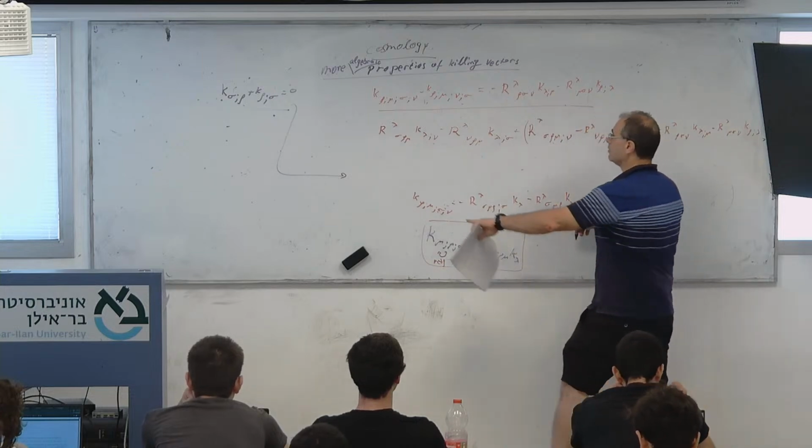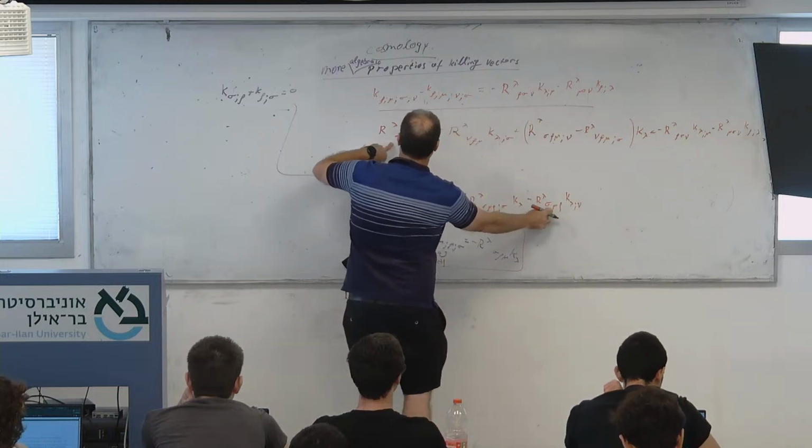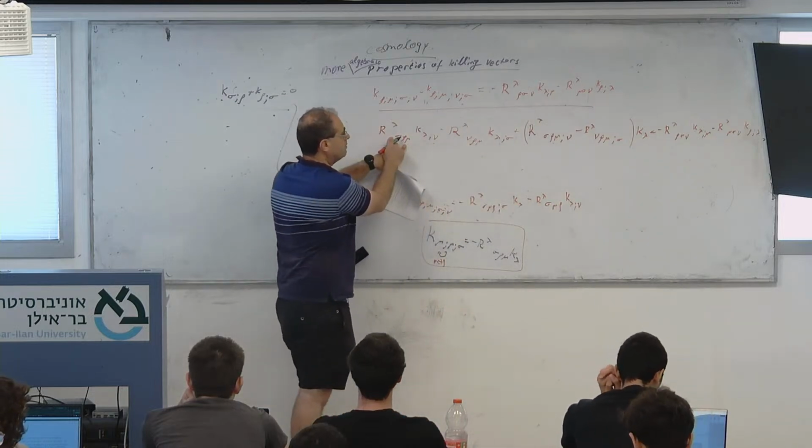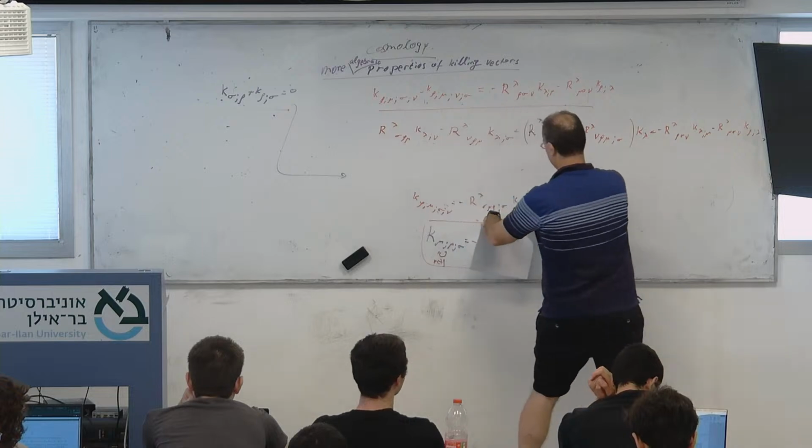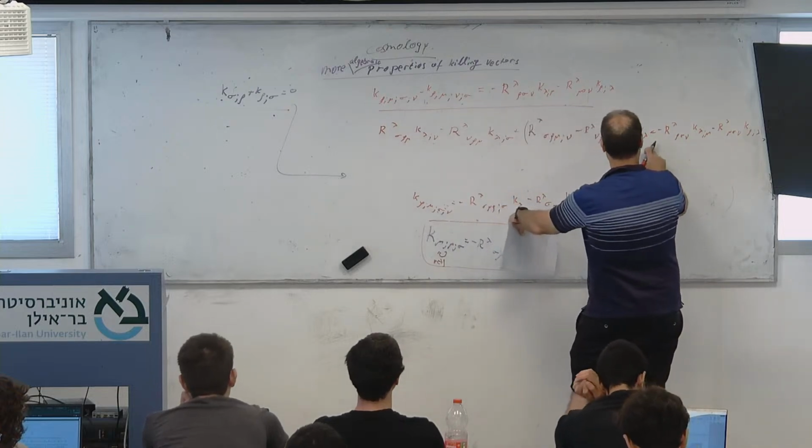So this term is here. I switch mu and rho again, so I get the plus sign here, and this term here is exactly what's written here.